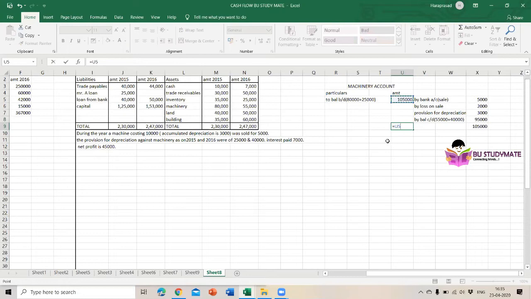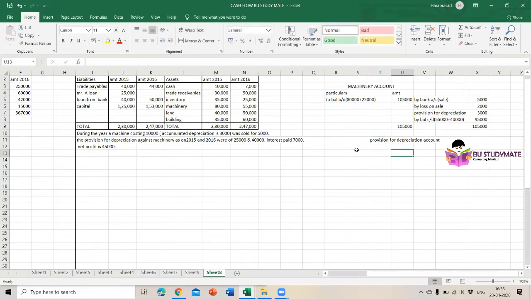So now we have to make the provision for depreciation account. If you know this kind of ledgers, then it will be helpful while solving the 14 marks questions. Okay, while solving tomorrow, it will be easy to solve all the 14 marks questions.